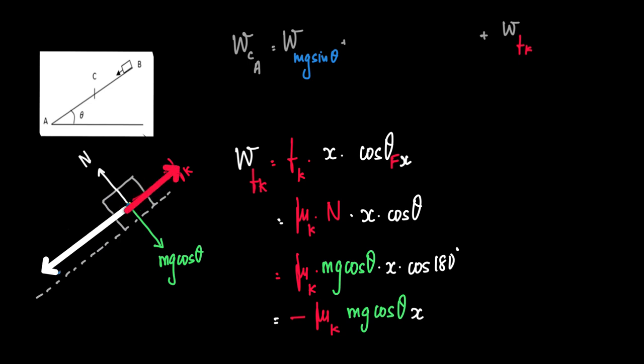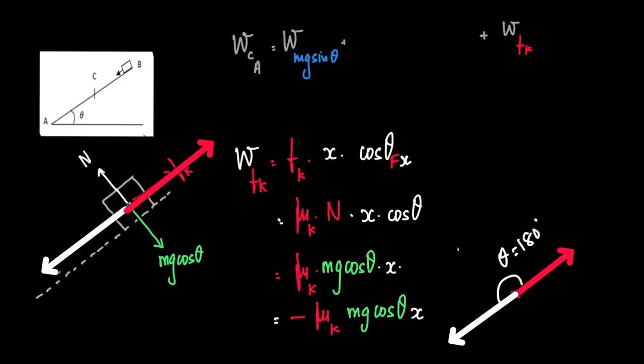Friction is opposing it, right? Friction is acting like this, displacement is acting like this. What is the angle between them? The angle between them is theta equal to 180 degree. What is the value of cos 180? Cos 180 is minus 1. So we can say this is minus mu k into mg cos theta into displacement, which is x.